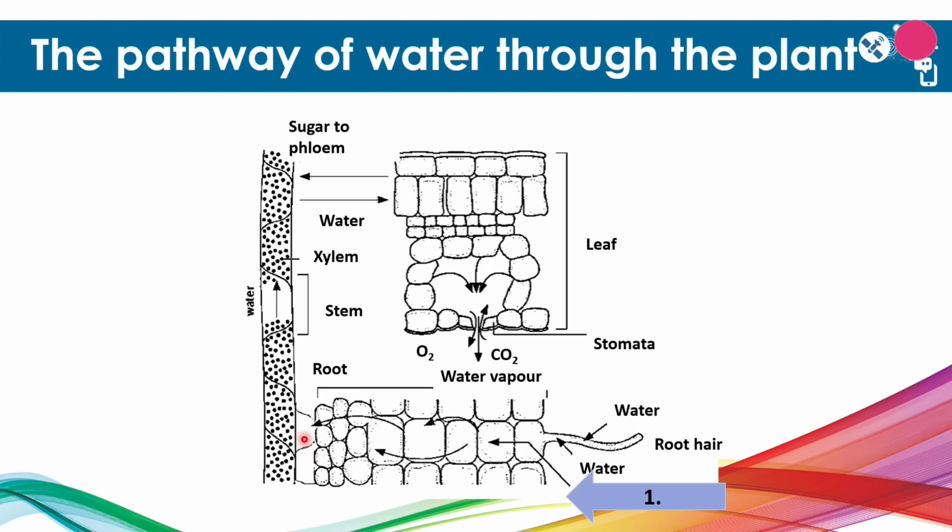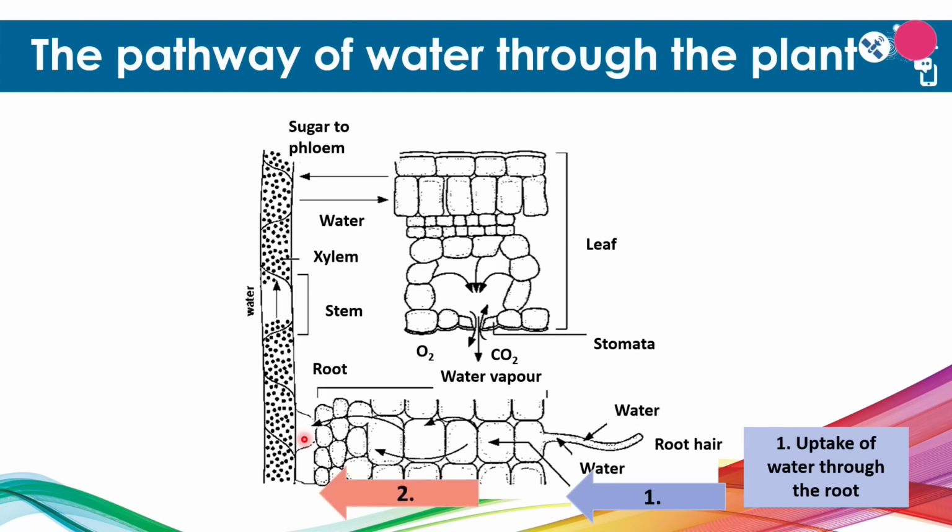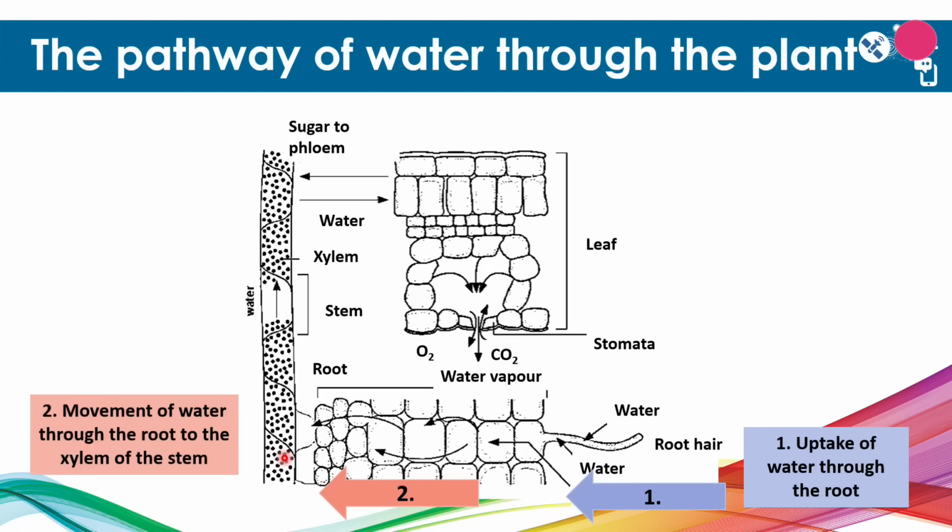Firstly, it needs to be absorbed, right? It needs to be taken up from the root, and there's a whole process involved there. Then, as it enters the root hair, it needs to travel through these parenchyma cells until it reaches the xylem, and for that there's also a process that takes place.